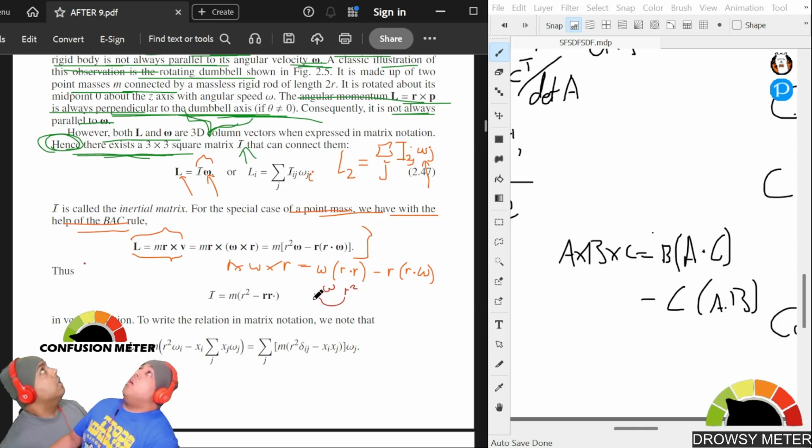And we're allowed to put the R squared in front here because this is a constant, right? This is just a magnitude times a magnitude. And all this has an M in front of it. So M R squared omega minus M this stuff.